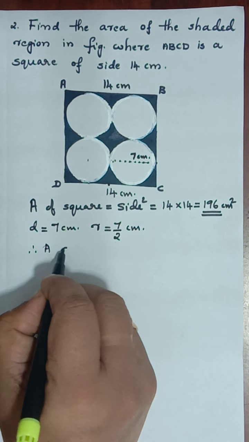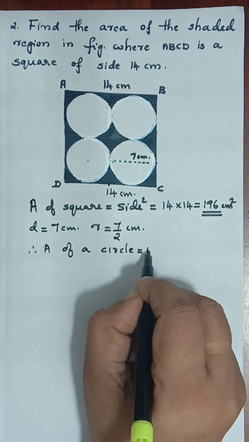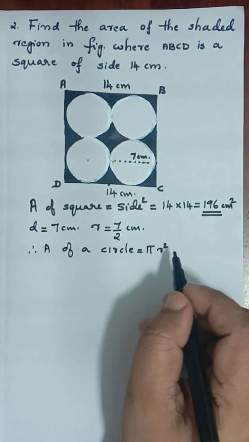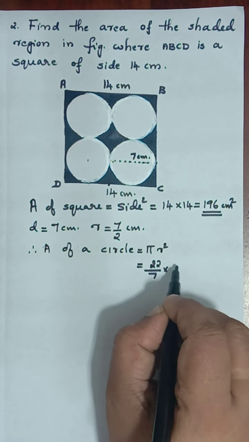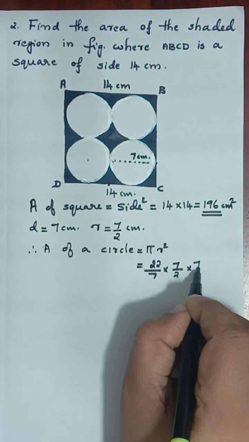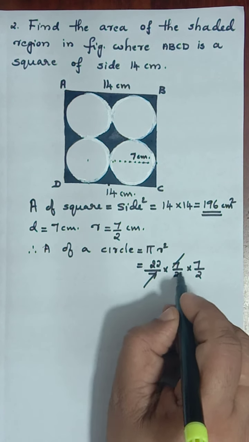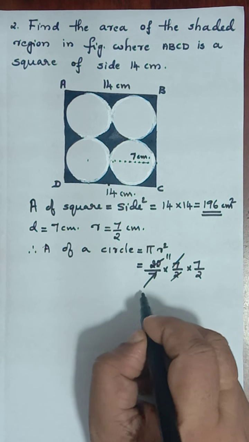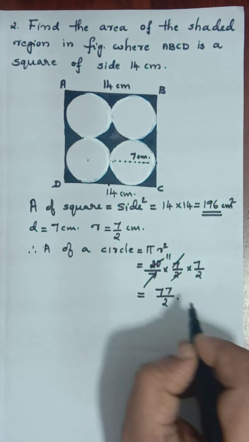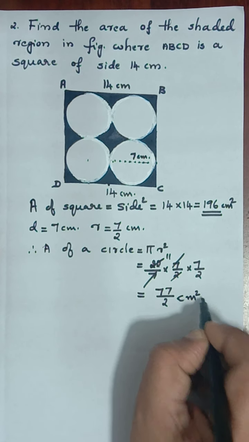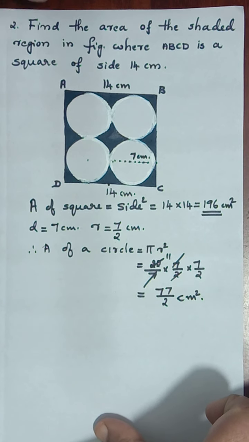Therefore, area of a circle is equal to pi r square, that's equal to 22 by 7 into 7 by 2 into 7 by 2. We can cancel, it is simple. That is 11 into 7, 77 by 2. That is the area of one circle, so many cm square. Each and every unit is also important.